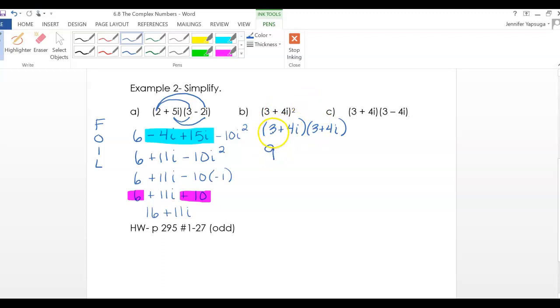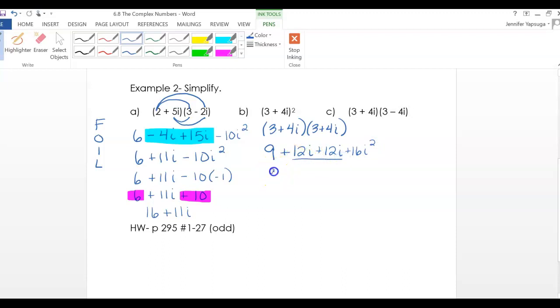Then I'm going to do my outer, which is 3 times positive 4i, so that's going to give me a positive 12i. Then I do my inner term, so 4i times 3 is also going to give me another 12i. And then 4i times 4i is going to give me 16i squared. Now I can combine my like terms here.